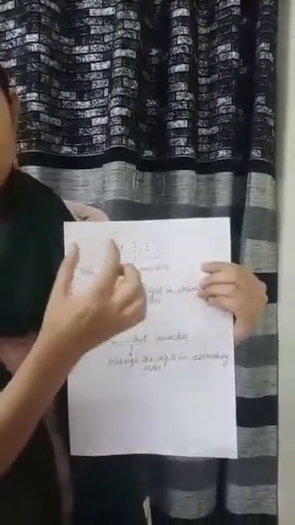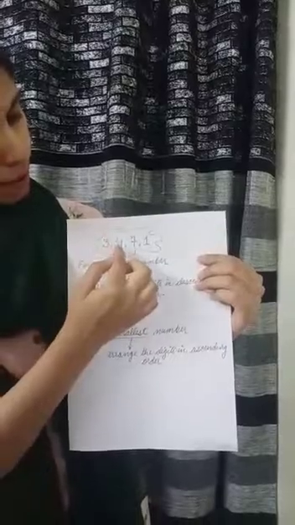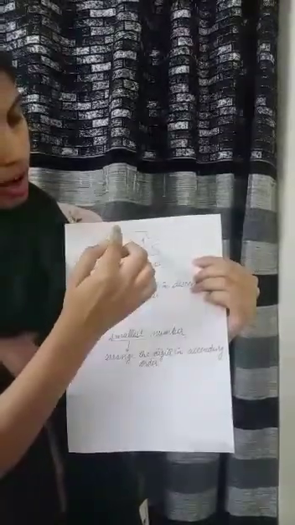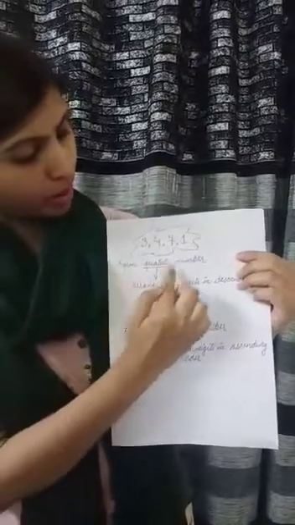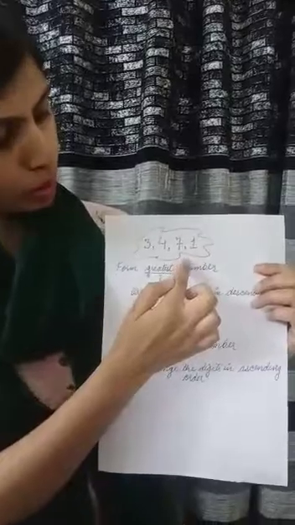For example, I'll give you an example. This is the bag, and there are 4 digits in it: 3, 4, 7, 1. And I ask you to form the greatest number using these digits. What will you do?